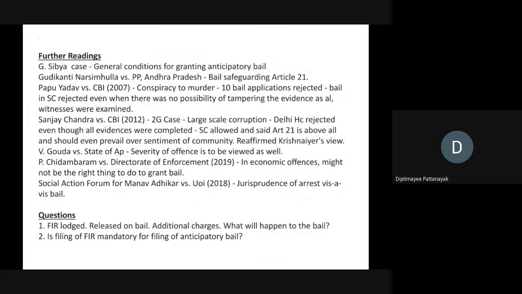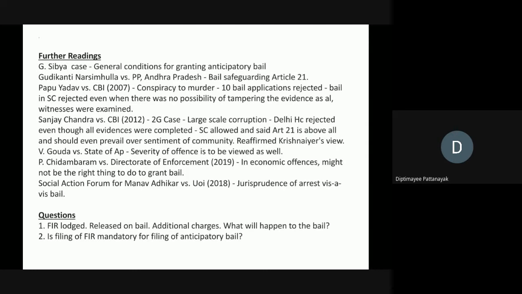Another judgment is V. Goda versus State of Andhra Pradesh, by our beloved Honorable Justice Deepak Mishra, in which it was reiterated that the severity of offences is to be viewed while deciding a bail application.